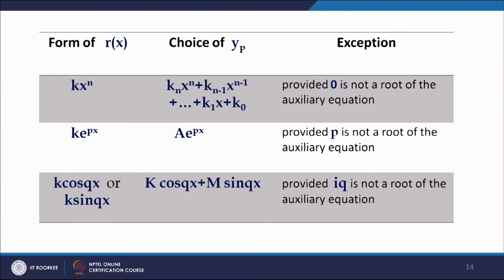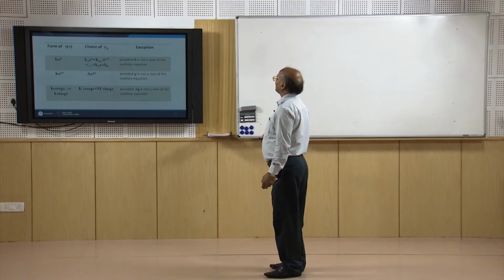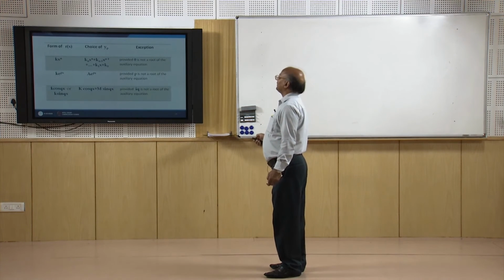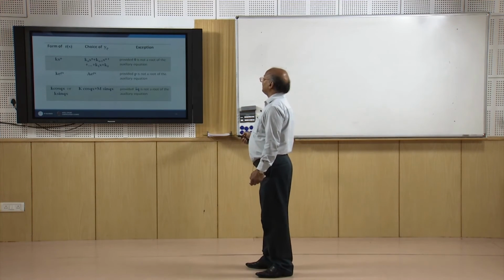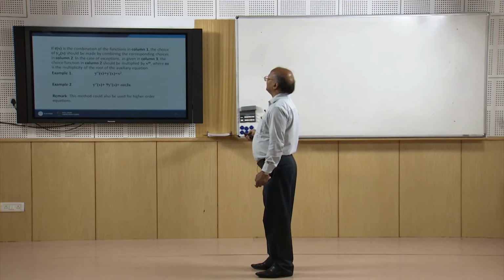If Rx is k cos qx or k sin qx, then the choice of yp(x) will be taken as k cos qx plus m sin qx, provided iq is not a root of the auxiliary equation. Now these are the exceptional cases. When 0 is a root of the auxiliary equation, or p is a root, or iq is a root, what choice of yp(x) we will have to make is given in the next slide.